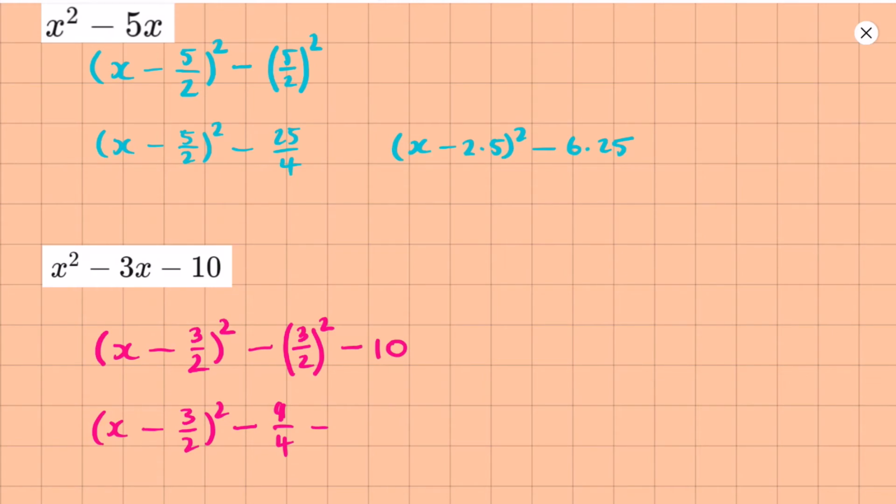So I think to myself, okay, what divided by 4 gives me 10? So that's going to be 40. And then it becomes a little bit more easy to tidy up. So we get x subtract 3 over 2 squared, and we're going to subtract 49 over 4.